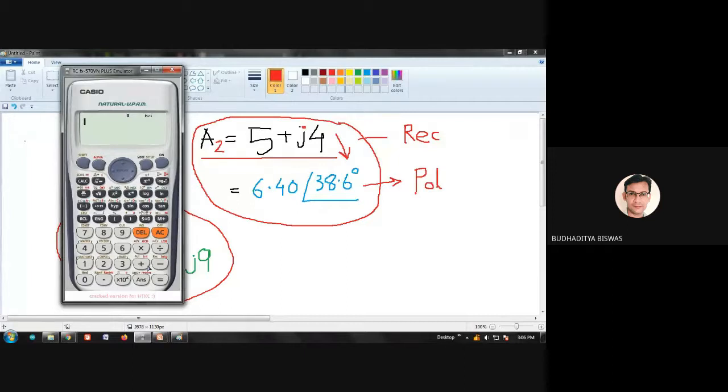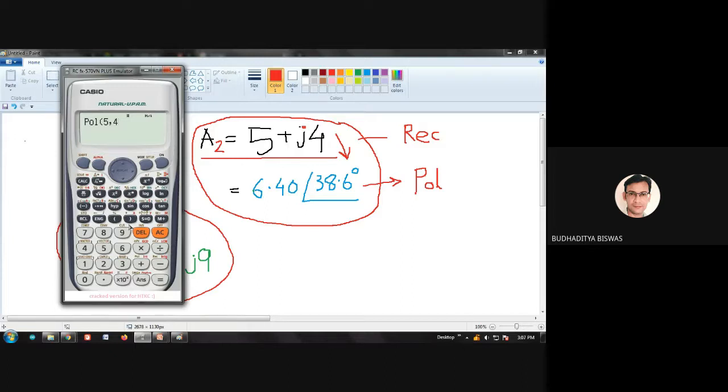Now, first we need to convert this one to polar form. So I must press POL. That is in the shift function, in the brown color. So I need to press shift and POL. Then we need to write the rectangular value, in this way, 5. Then we press a comma, which is at the top of this closing bracket.